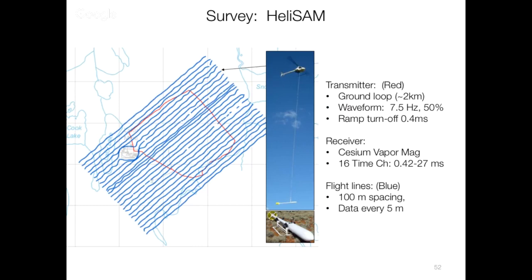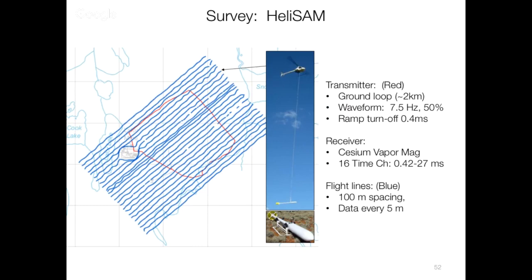Lalore is a test site. I think there was a whole symposium on Lalore, and 12 or 13 different types of EM surveys were carried out there. That makes it pretty interesting, and people know what you're talking about.